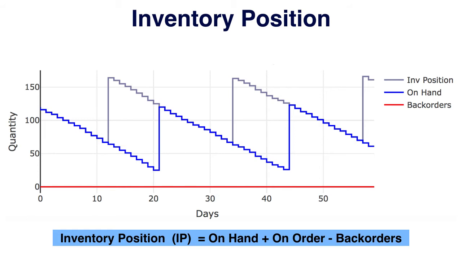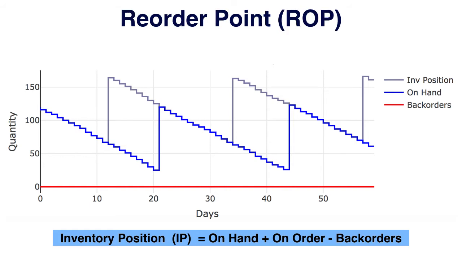Now, using this inventory position, we can determine the question about when to order. We need to introduce a few more terms here. The first one is reorder point. So what is the reorder point? What we do here is we take the minimum of the inventory position. The inventory position is going up and down, right?